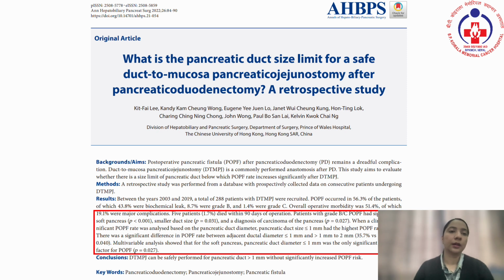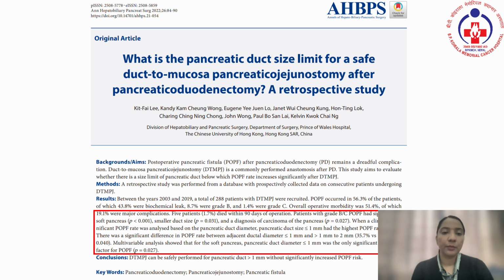And this is an article which was done in China. They have studied what size of the pancreatic duct is safe for duct to mucosa pancreaticojejunostomy after pancreatoduodenectomy. In this article, they categorized the duct as less than 1 mm and 1 to 2 mm.